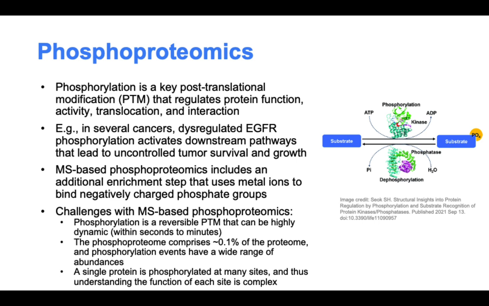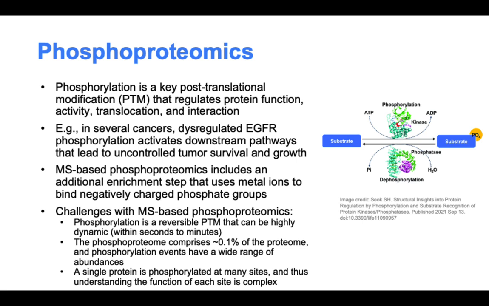So it's very possible that what was in fact happening in the cell at the time of sample collection is not identical to what you've observed from mass spec. And then another challenge is that the phosphoproteome makes up a very, very small fraction of the proteome. So the technology has to be super sensitive to just this 0.1% of proteins that are phosphorylated.